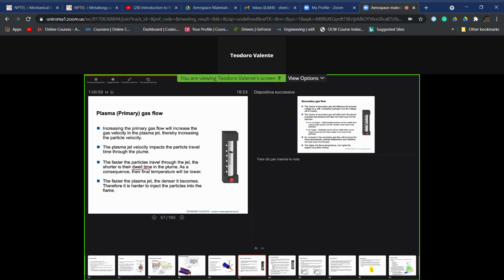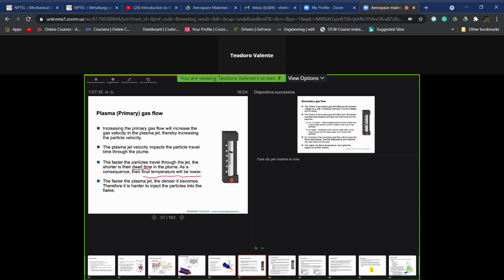And this means that we have effects which must be balanced, so it's really an engineering activity, because in this case we could say, well, if we increase the primary gas flow, we can increase the velocity of the plasma jet. This would be fine because the particle velocity would be higher, and thus the residual porosity of the coatings will be lower. But at the same time, this causes a reduction of the dwell time, and so a reduction in the final temperature of the particle itself.